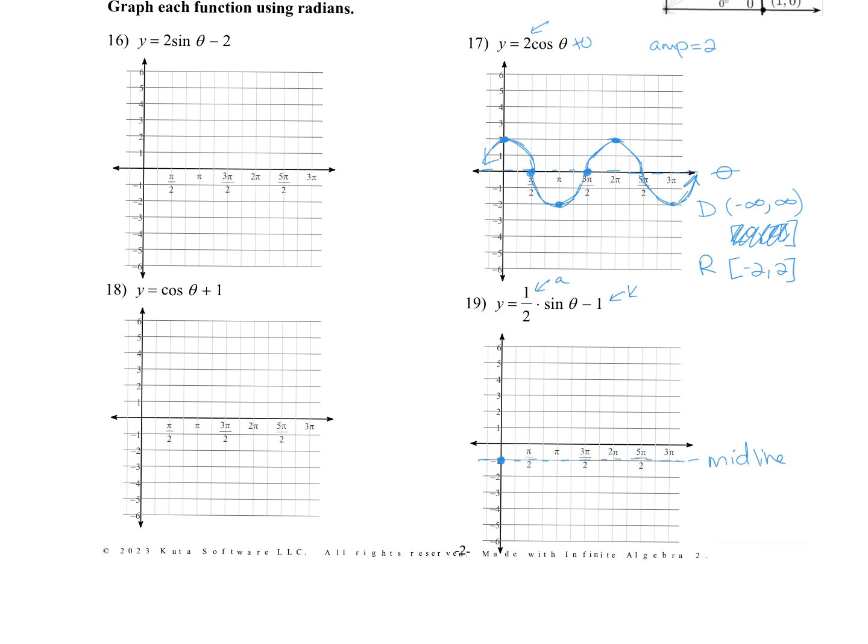It starts at 0 and it goes up to its max. So at pi over 2, my max is only half a unit above my midline. At pi, it's coming back to its midline. At 3 pi over 2, it's going to its min, which is only half a unit below. And at 2 pi, it's coming back up.